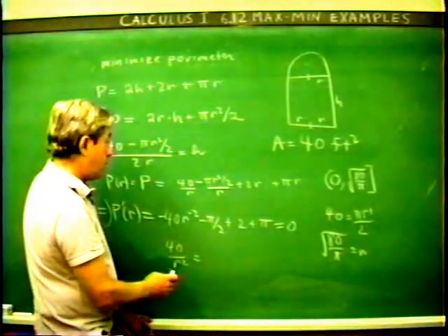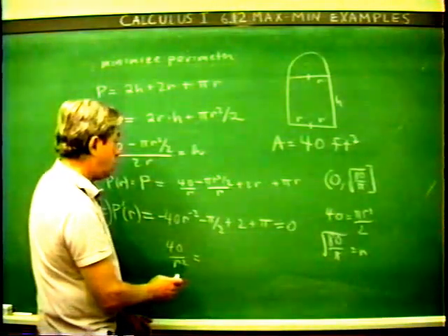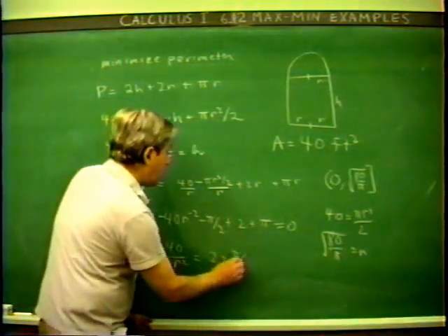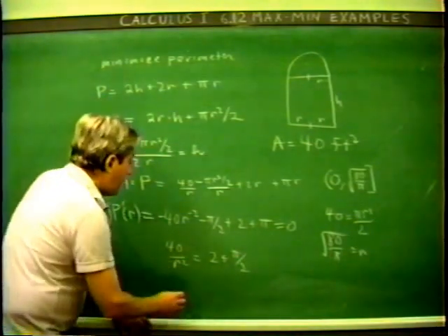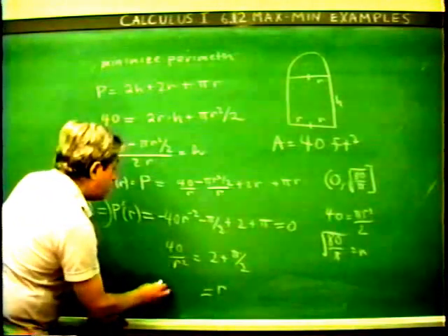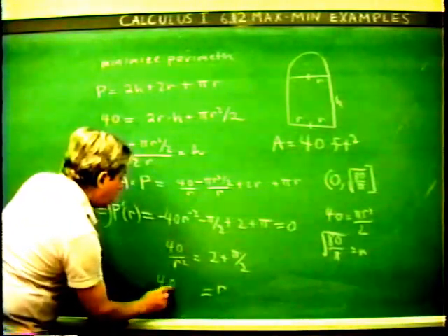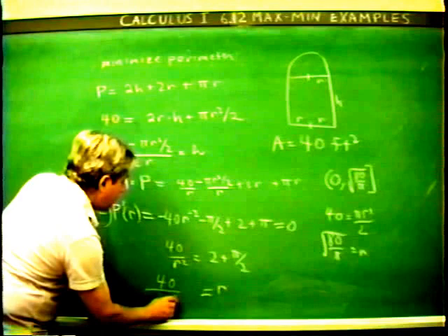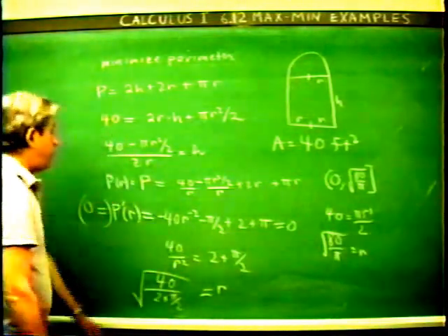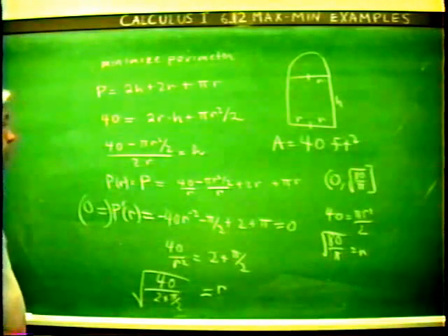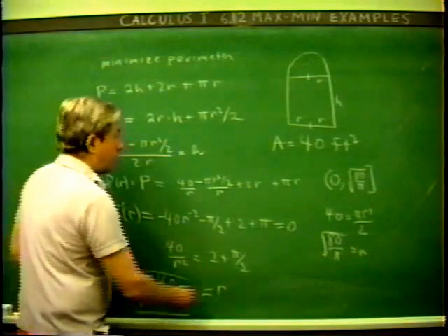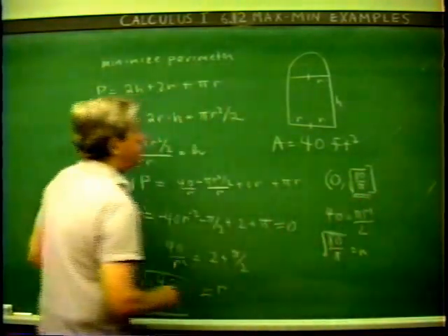It's going to be 0 when 40 over R squared is equal to 2 plus pi over 2, or when R squared is 40 over 2 plus pi over 2, or when R is the square root of 40 over 2 plus pi over 2.